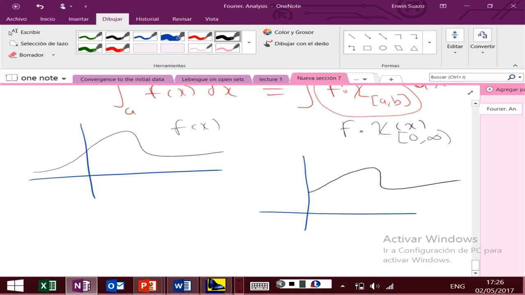It just cuts whatever you don't need. So I cut from 0 to infinity, but I could make another cut. I could say f restricted between -1 and 1.